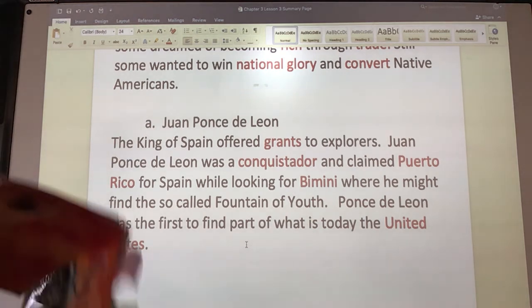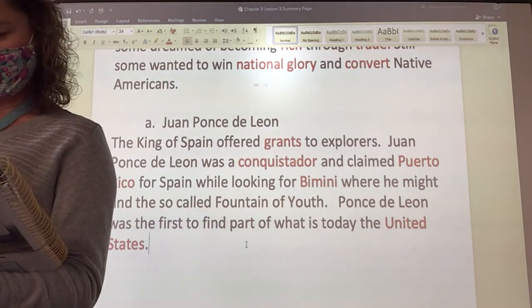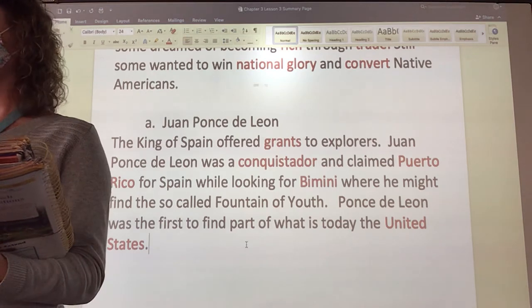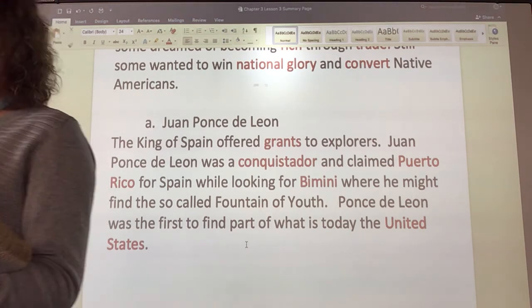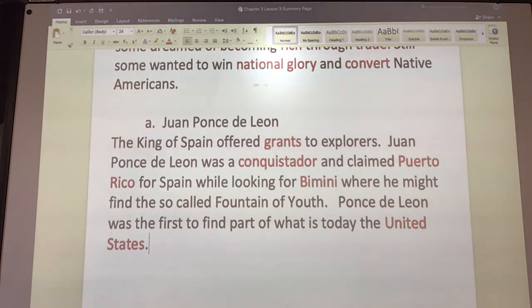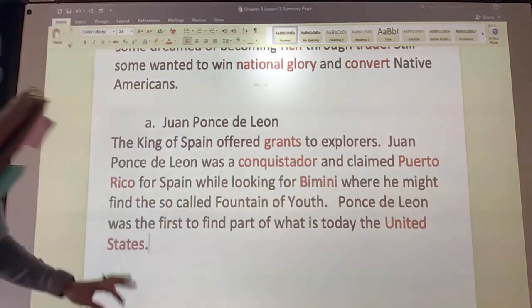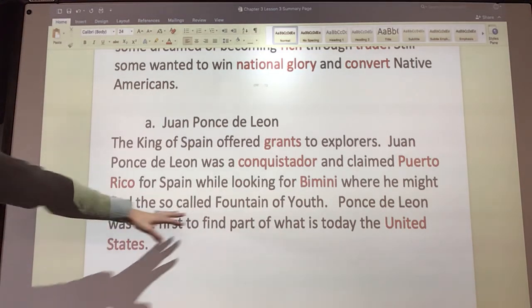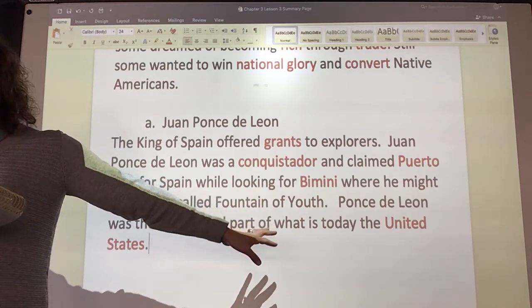If I go back and look at page 129, in 1513, Ponce de Leon set out to find Bimini, right? Instead, he landed in what is now the state of Florida. So that's what I was putting up here. Yeah, he ran into Puerto Rico, but he was looking for the Fountain of Youth and ended up finding Florida instead. And then he starts a settlement in Florida.